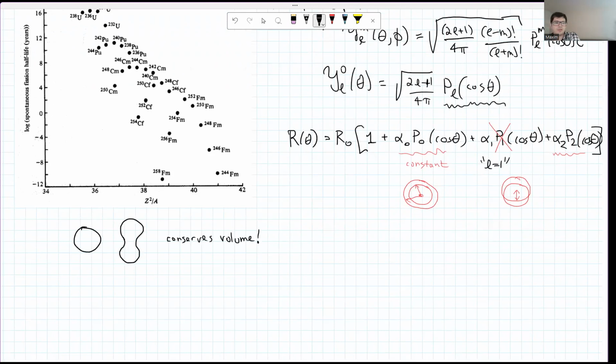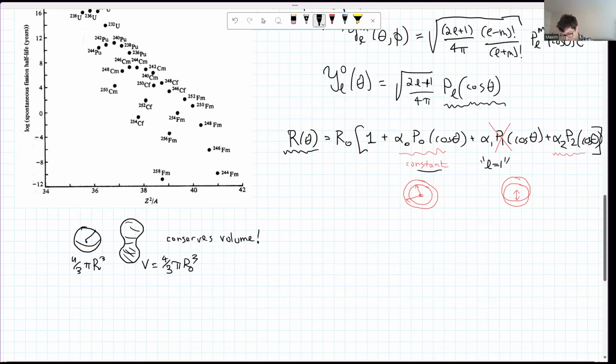Meaning that the volume of this guy, which we know is 4/3 pi r0 cubed, has to be conserved, so that the volume of this guy is also 4/3 pi r cubed. And as it turns out, you can show using this as your deformed shape that it constrains the value of this constant.